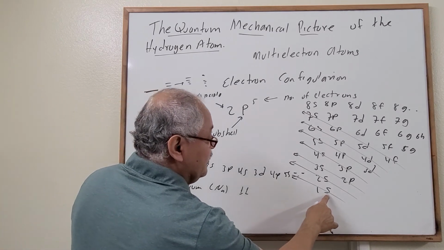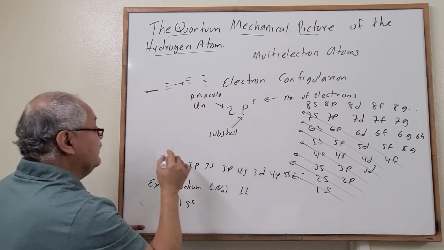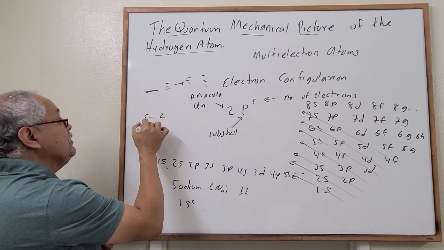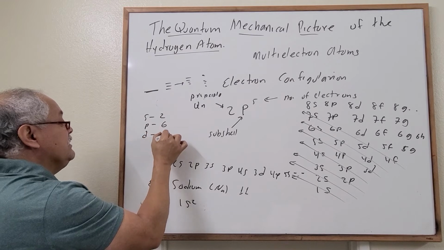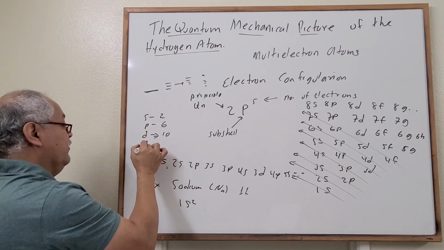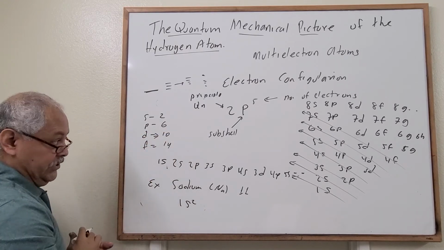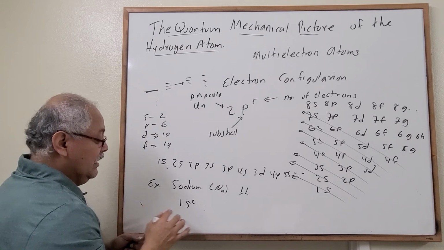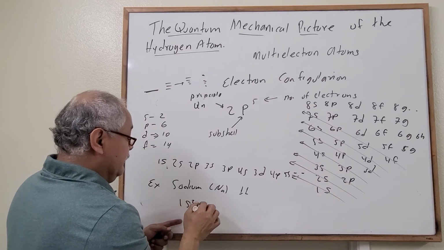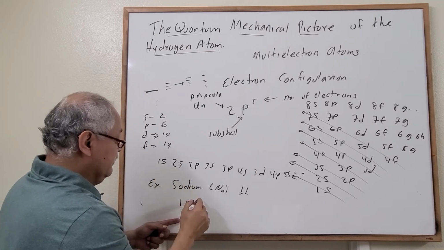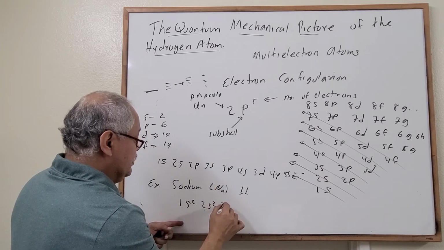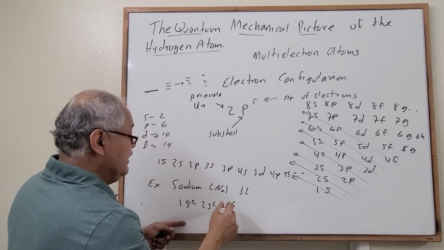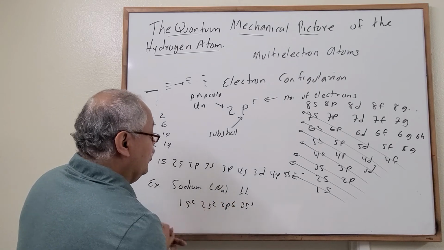Remember, it's the maximum for s. The maximum is 2. For p, the maximum is 6. For d, the maximum is 10. And for f, the maximum is 14. Okay. The next one is going to be 2s2. The next one is going to be 2p6, and the last one is going to be only 1.